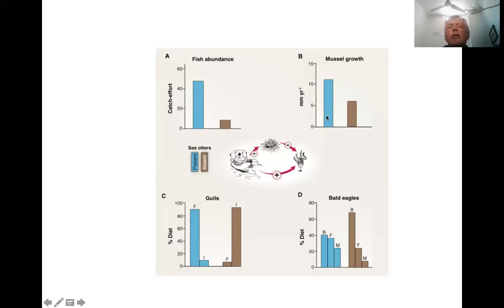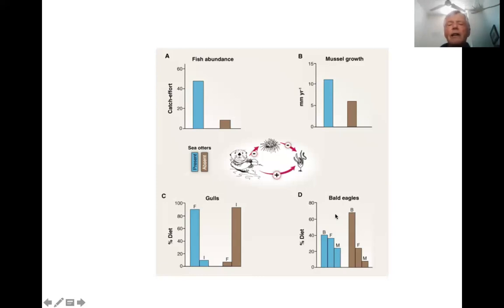And if you look at the growth rates of any filter feeder in this system, these are just some data from the mussels, they are twice as high in places where otters are abundant compared with where otters are absent. And that's simply because the production is less, the amount of detritus in the water column is less, and thus the growth rate of these filter feeders, which is a very important mode of foraging in a lot of species of things like mussels and barnacles and such in coastal ecosystems, are impacted.